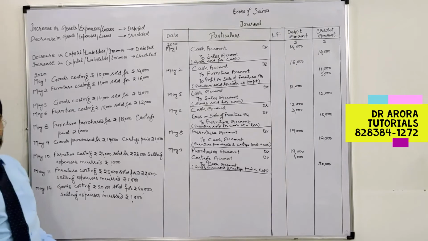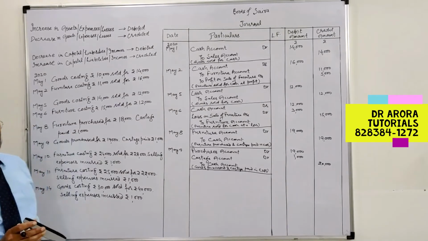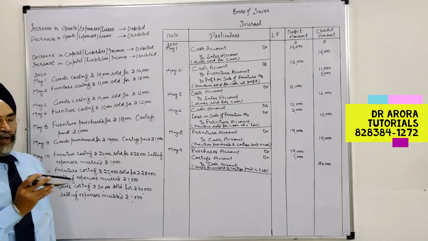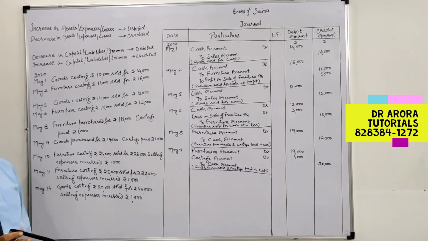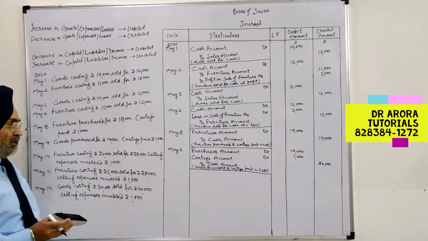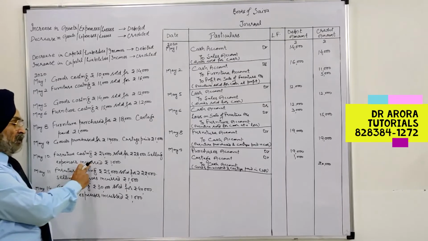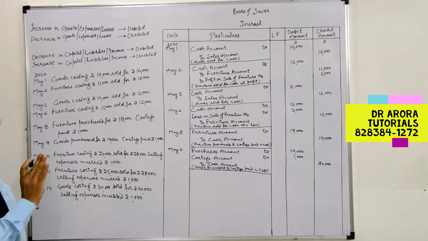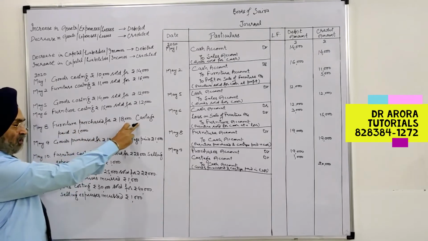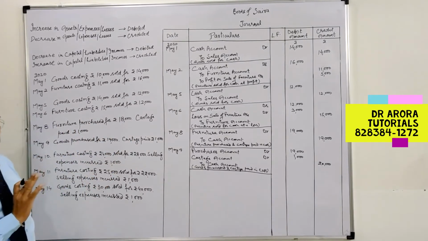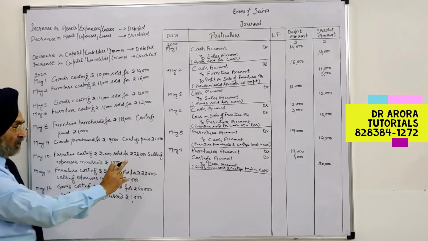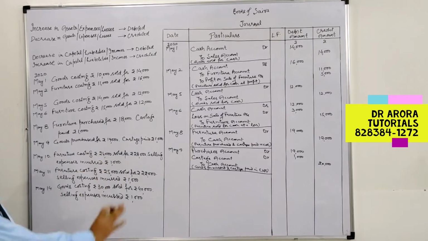Let me clarify here that whenever we purchase or sell a non-current asset, the expenditure incurred in connection with that is not shown, neither at the time of purchase nor at the time of sale. But where this expenditure will be recorded, I will try to tell you in my entry.